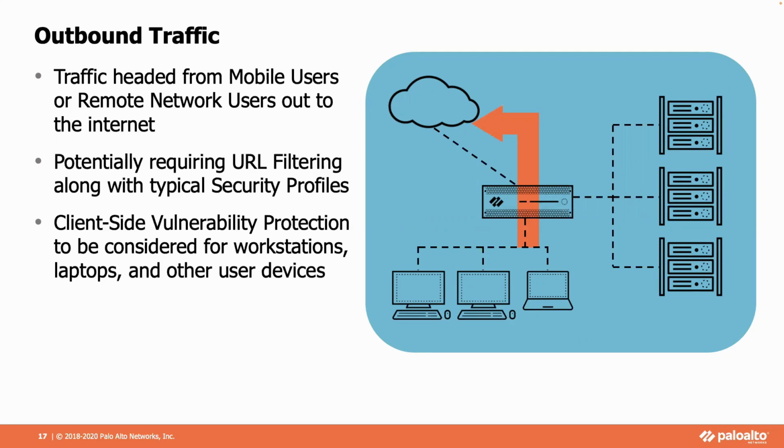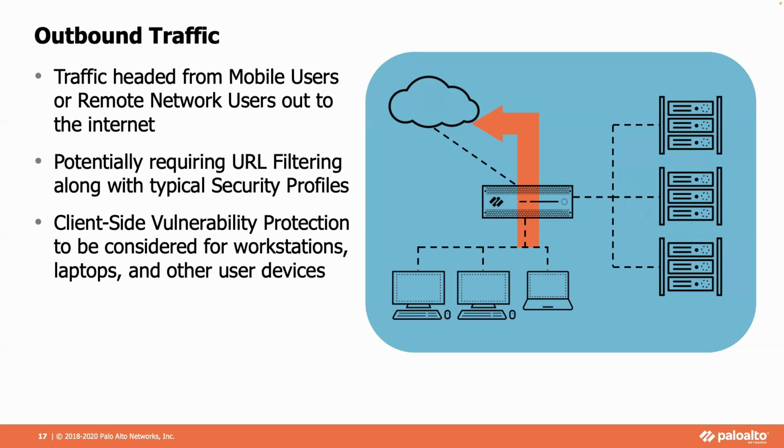And outbound traffic is where you would want to do things such as spyware for the idea of sinkholing, URL filtering, DNS protection, all of those sorts of things, because of the direction of traffic. Now, the majority of your traffic in Prisma Access is going to be outbound.